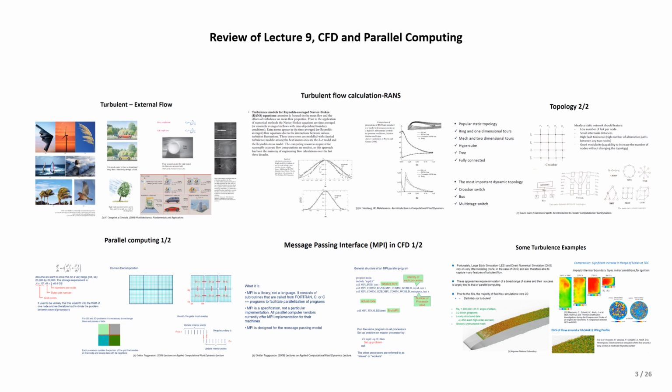Also, we saw that when we use the DNS, it captures all the scales that are available in the flow, from very small to large scale, and we saw them in some examples. Also, we looked at an example with 3.9 million elements, where we were looking at performance and efficiency.